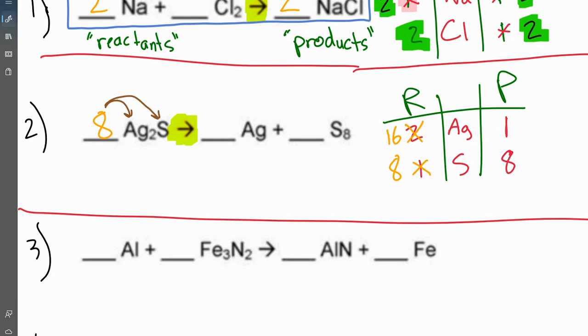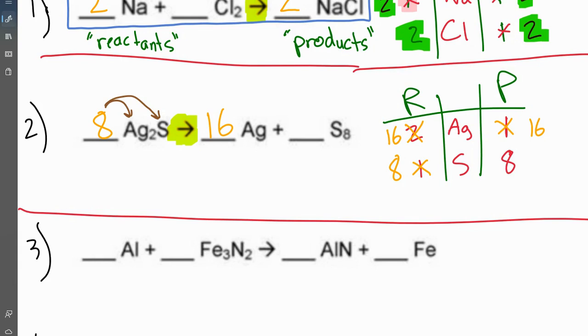Let's go back to where we started and figure it out. How many silvers are we going to need to have 16 of those? Well, we multiply 1 by 16. So if we put a 16 in front of it, now we have 16 silvers on both sides, and we have 8 sulfurs on both sides. Perfect. All right, so we're done.